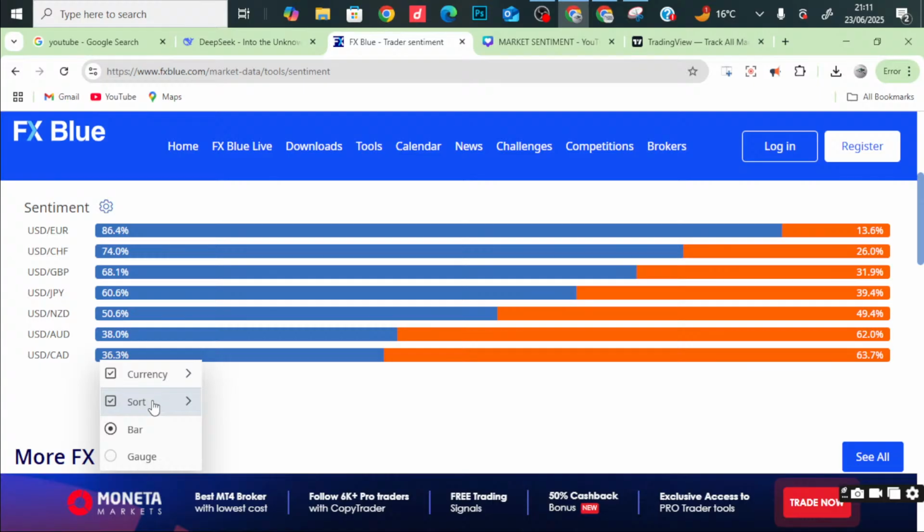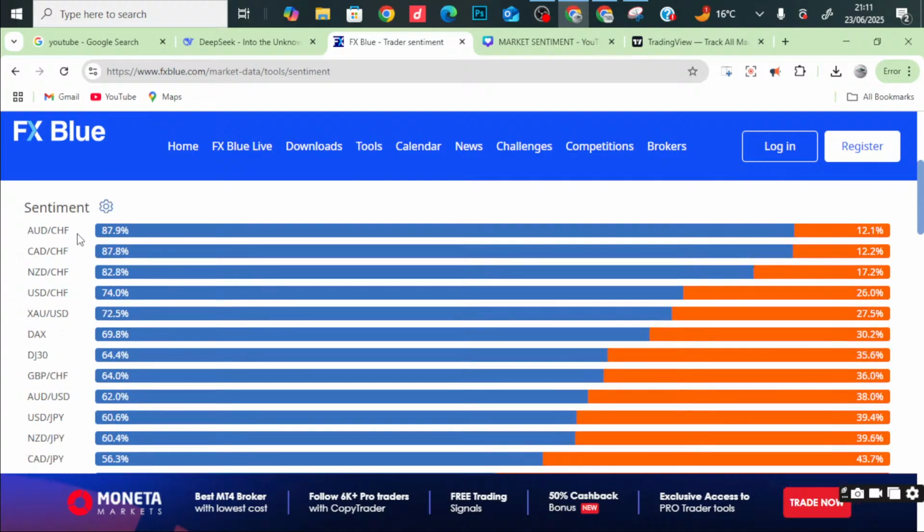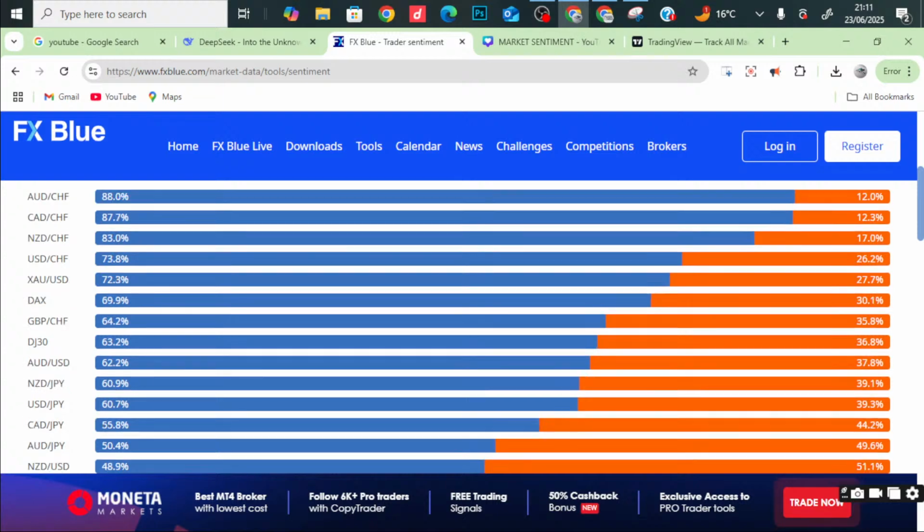Let me select all the currencies. In terms of gauges, as you can see, one is higher compared to the CHF. People buy, and the yen is 10%.